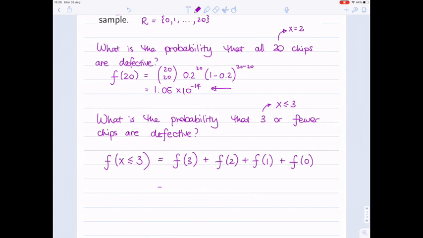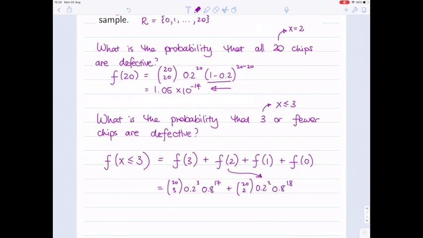And if we go through and work this all out, we've got 20 choose 3 times 0.2 to the 3 times, so 1 minus 0.2 is 0.8, and that's 20 minus 3, which is 17, plus 20 choose 2, 0.2 to the 2, 0.8 to the 18.